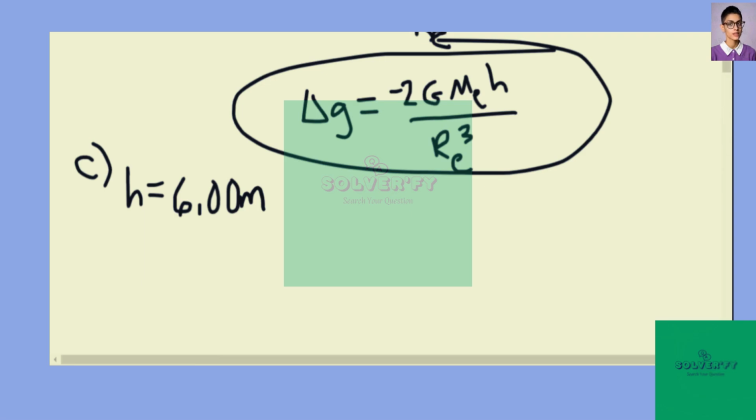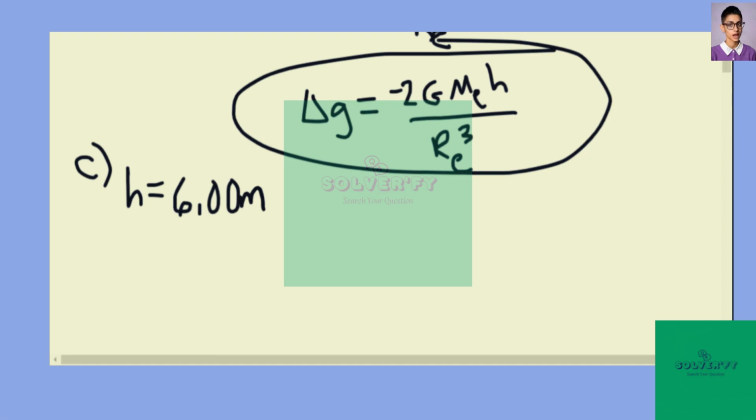In the calculator, negative 2 times G, 6.67 times 10 to the negative 11th power, times the mass of the Earth, which is 5.97 times 10 to the 24th power kilograms, times h, which is 6, divided by the radius of the Earth, which is 6.37 times 10 to the 6th power, and then I have to take the radius of the Earth cubed.